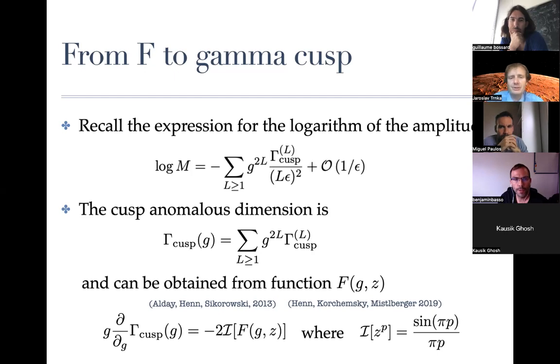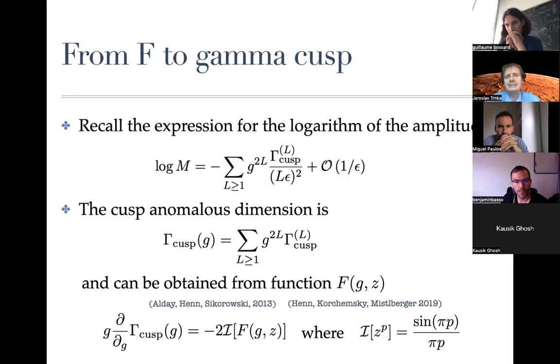So for the f, we are missing the g term completely. For the gamma cusp, we are capturing some of the g terms from the subleading terms of the f. Again, the relation between f and gamma cusp is not that simple. I don't have any insight into what contributes to what.